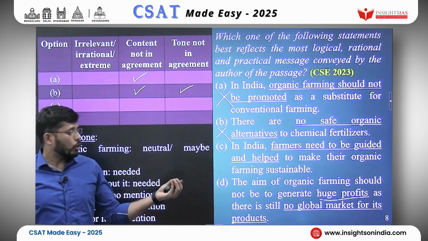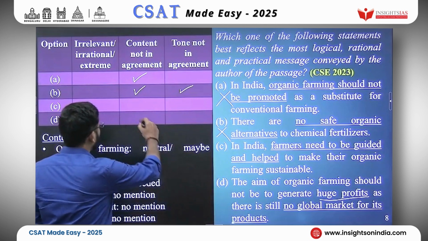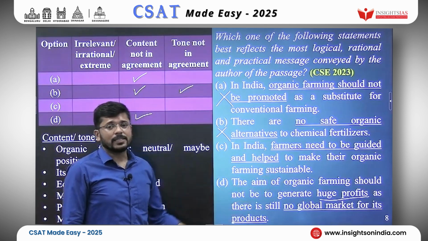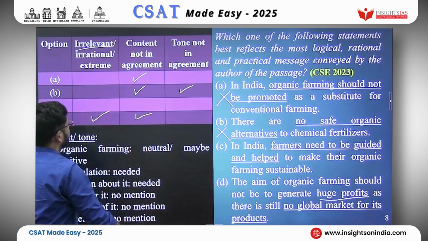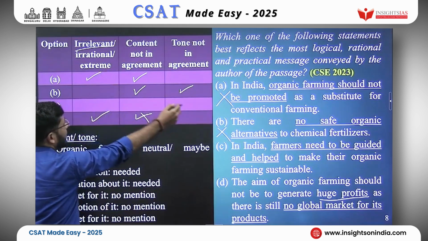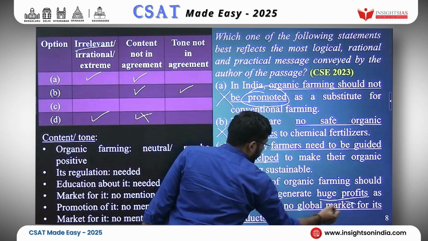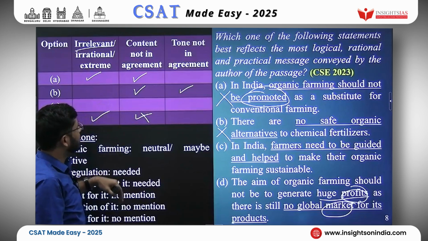Is there any talk about products or global market of organic farming? No, right? So the last option is not in agreement with the passage at all, or it is talking about something irrelevant. The first option is also talking irrelevant. Promotion, global market, profits. So the first option and fourth option are actually irrelevant.